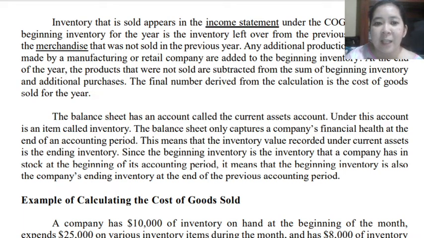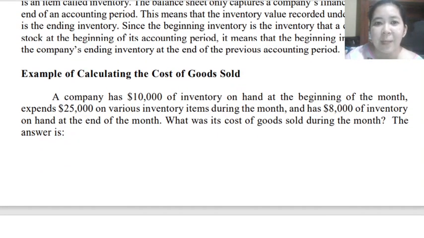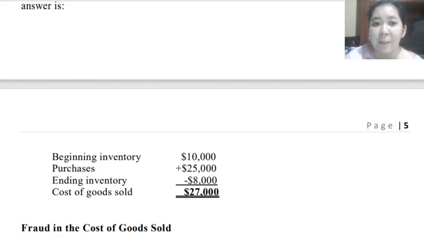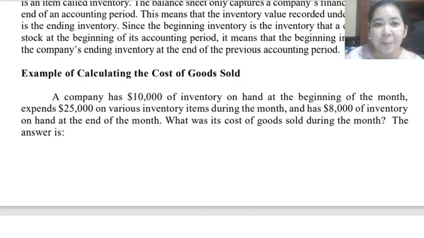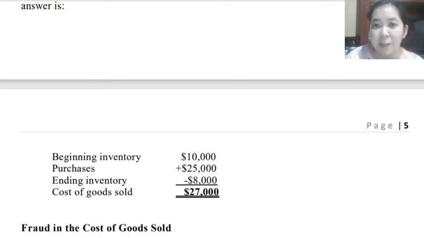So we have here an example on how to calculate the cost of goods sold. For example, a company has 10,000 of inventory on hand at the beginning of the month, and then they spend 25,000 on various inventory items during the month and have 8,000 of inventory at the end of the month. So what was the cost of goods sold during the month? Using the data given and following our formula, you can use the simple formula based on the given.